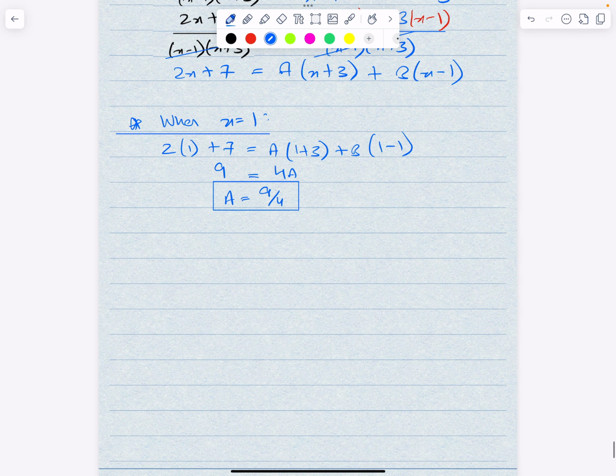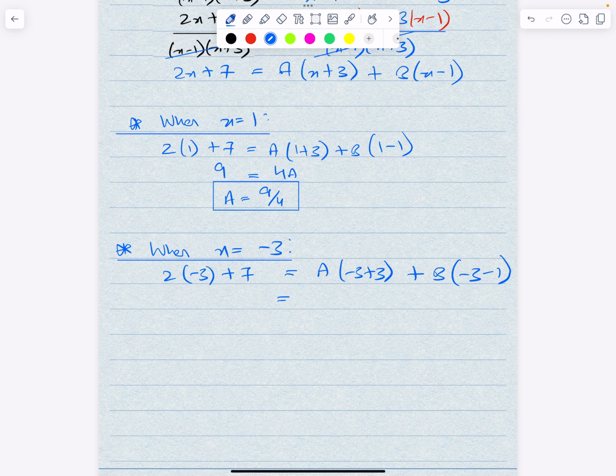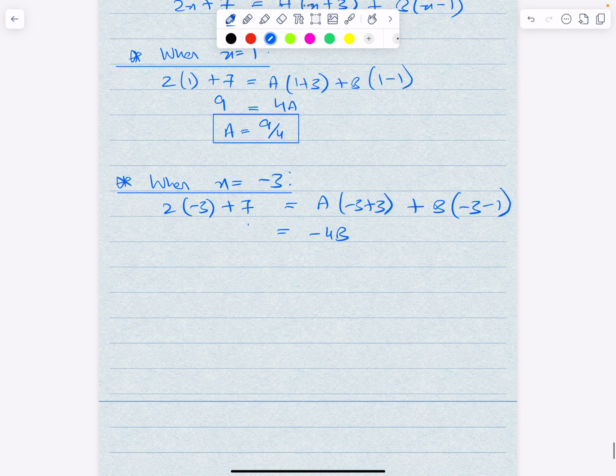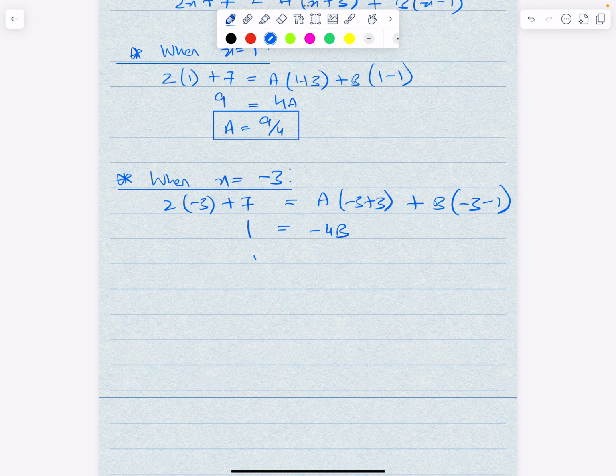So when x is equal to minus 3, I have to show the working. So it's 2(-3) + 7 equals A(-3 + 3) + B(-3 - 1). So I am left with minus 4B equals 1, and B turns out to be minus 1 over 4.